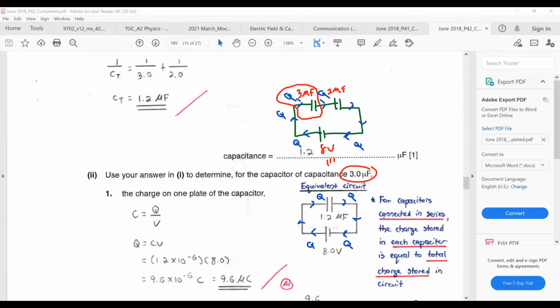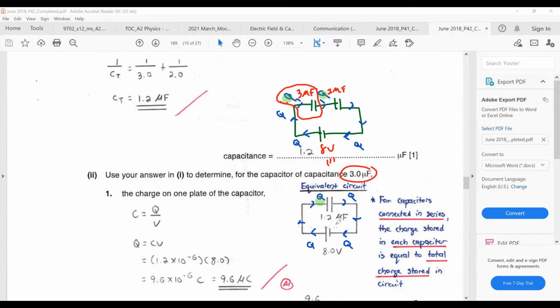That's why I wrote here that for capacitors connected in series, the charge stored in each capacitor is equal to the total charge stored in the circuit itself. Right? The total charge stored in the circuit is the charge stored in each capacitor. That's what this statement is supposed to mean.